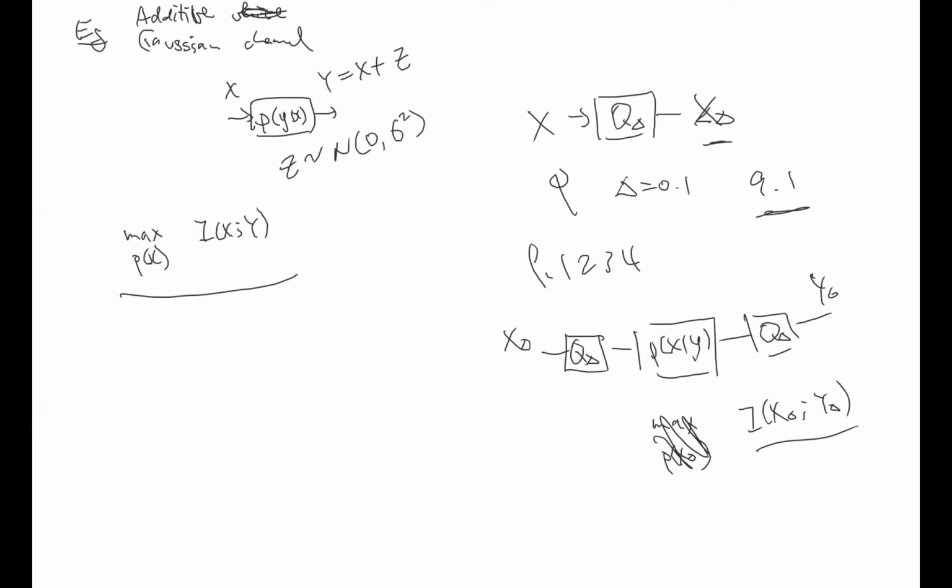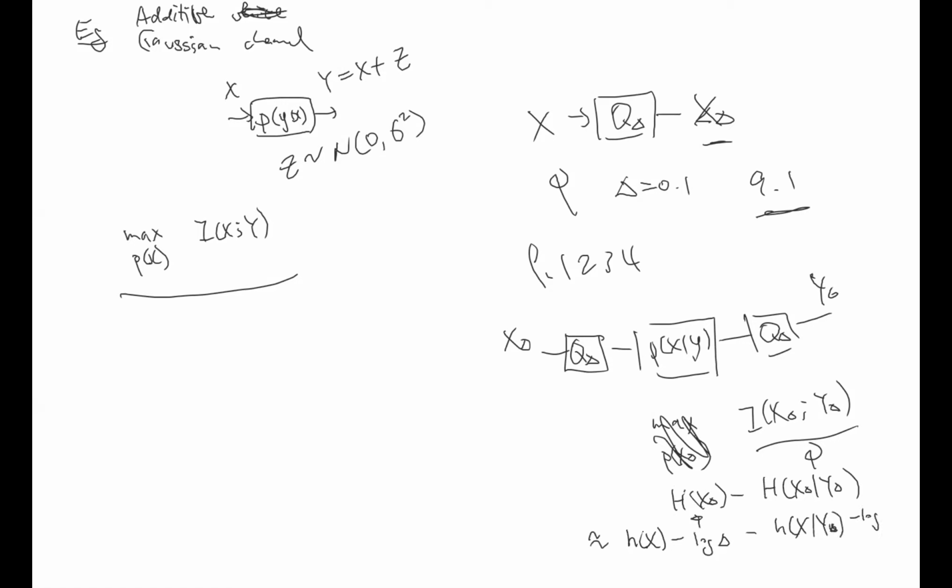Now, I of x delta and y delta is just equal to h of x delta minus h of x delta given y delta, and this will be approximately h of x minus log delta, minus h of x given y delta.